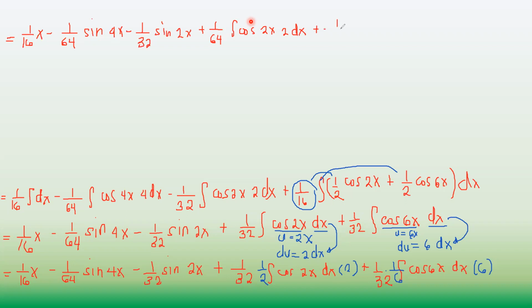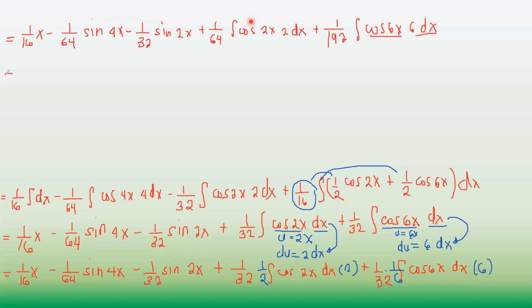So we have 1 over 192 integral of cosine 6x 6 dx. So lahat ngayon yan ay cosine u du. So integrable na yon by basic formulas for trigonometry.